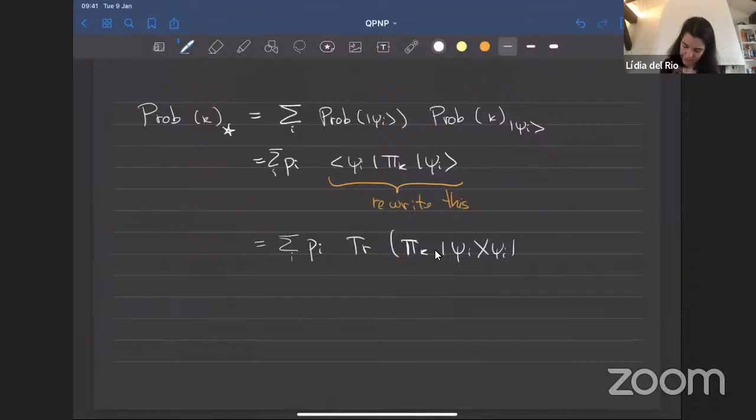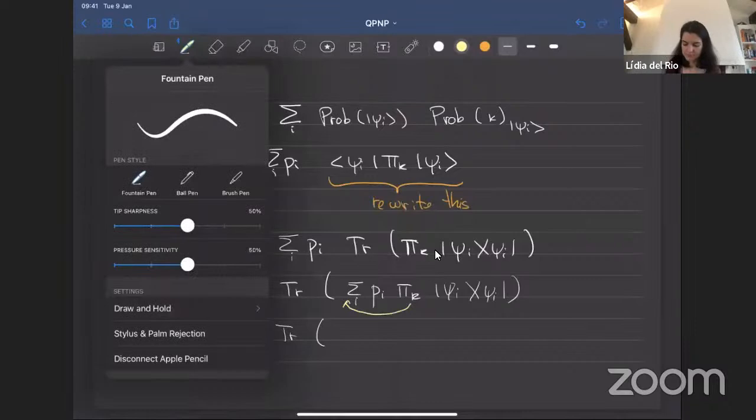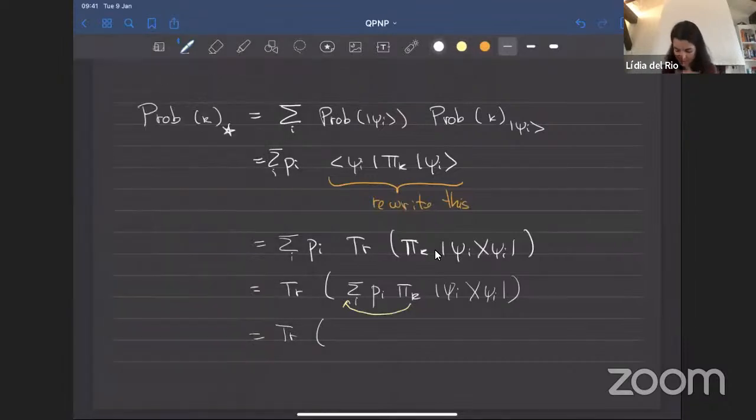Now the nice thing is that we can use the properties of the trace. Say the trace is linear, so this is the trace of the sum over i of p_i, the projector, and now here comes my state. I can even simplify this further because this projector does not depend on i, so it can come out of the sum. This has nothing to do with the trace, it's just coming out of a sum because it's a constant, and now we have this thing here.